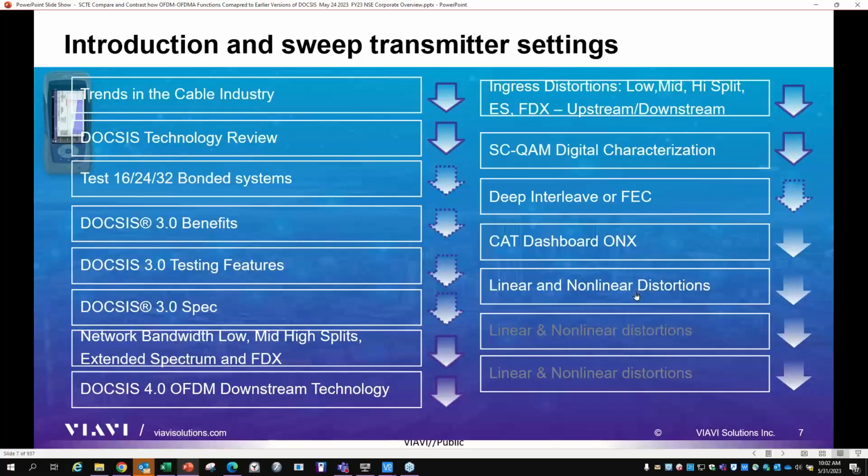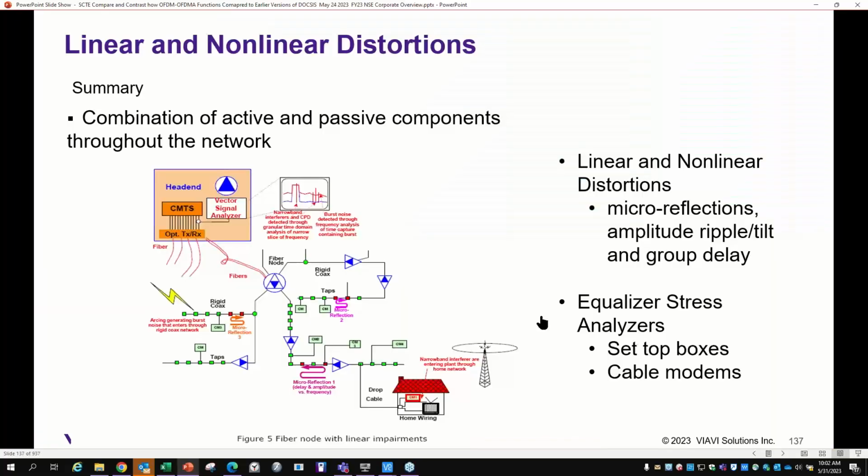Okay, so since we talked about that, let's talk about some linear distortions real quick here, right? So throughout the network, we've got an optical node, all the various active devices, all of the various passive devices, and drop related issues. Any cut, any break, any change in impedance produces micro reflections, right?